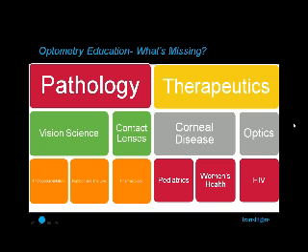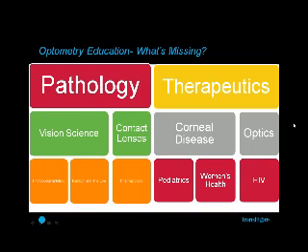Here are some examples that you're, I'm sure, very familiar with for optometry education and some of the things that optometrists need to learn to practice and go into business. And these are all familiar terms, I'm sure. I pulled them up off a website, actually, from one of the optometry colleges.